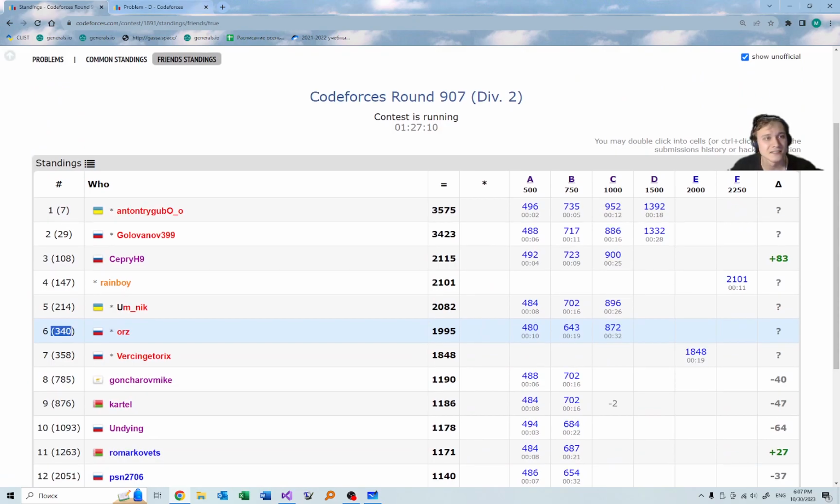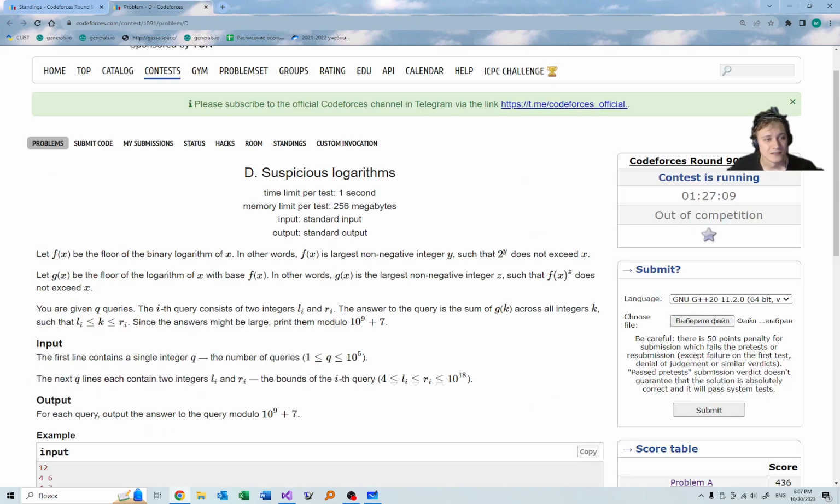What is that? F of x is the floor of the binary logarithm of x. It's like the leading bit, the leading one of x.